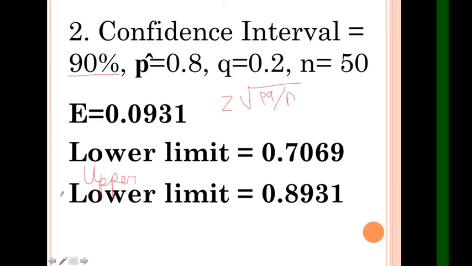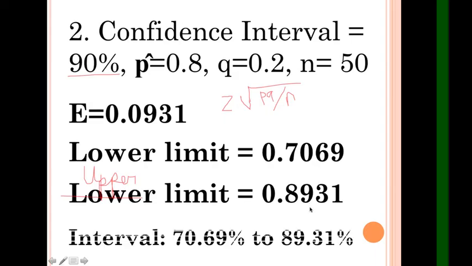Okay, this is the lower limit. So for the upper limit, we have 0.8931. That is 0.8 plus 0.0931, and 0.8931 will be the upper limit. And now for the interval, we have 70.69%, which is the lower limit, to 89.31%, which is the upper limit.